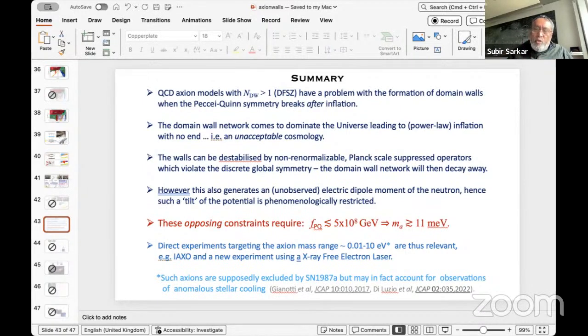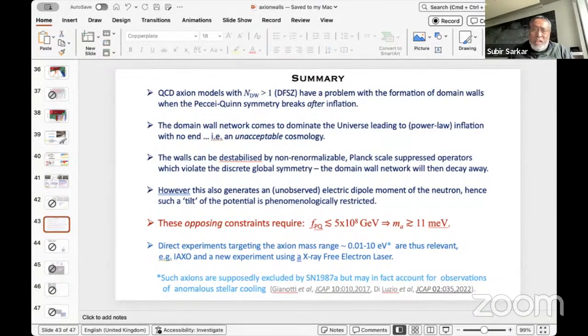But to do Affleck-Dine baryogenesis below the electroweak scale, you are really asking for a lot, because then you don't really have a calculable program. Whereas in the electroweak theory, because baryon number or fermion number in general is unsuppressed at temperatures above the electroweak scale, you have attractive mechanisms like leptogenesis, etc.